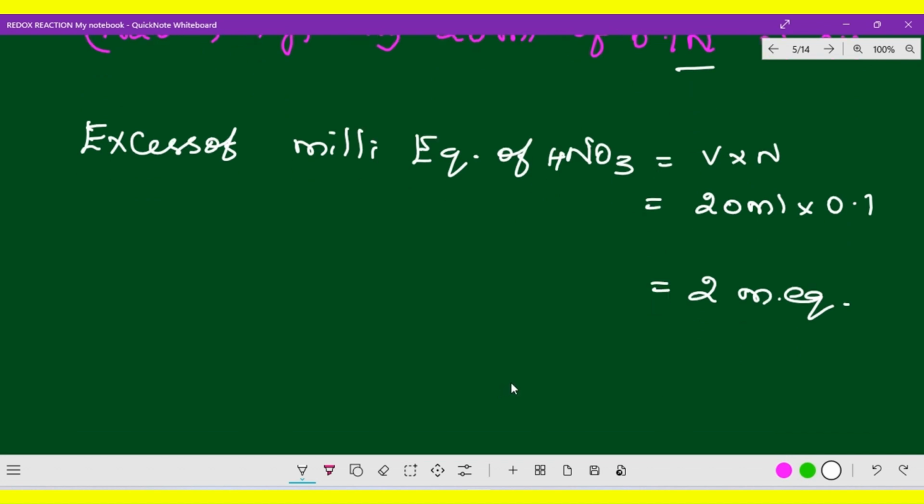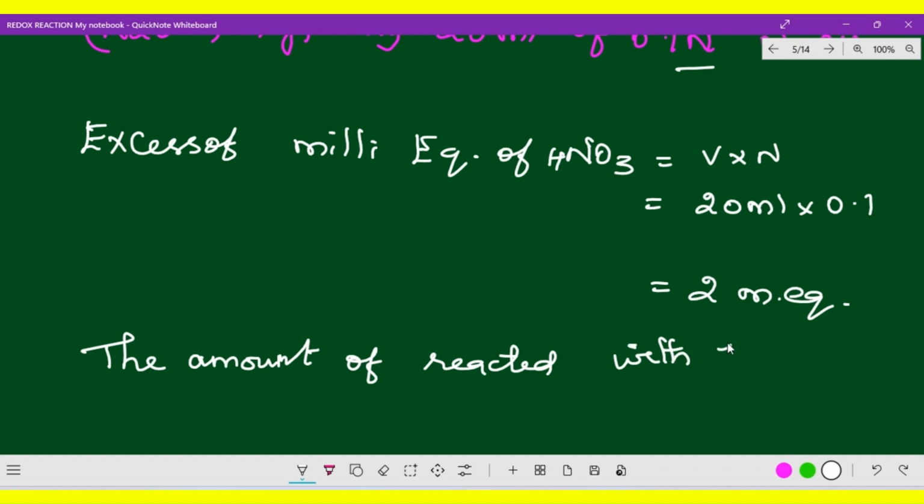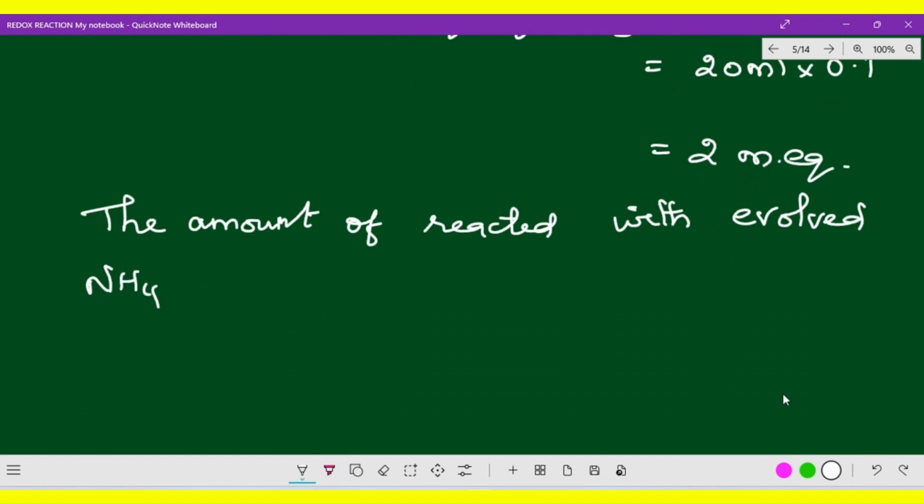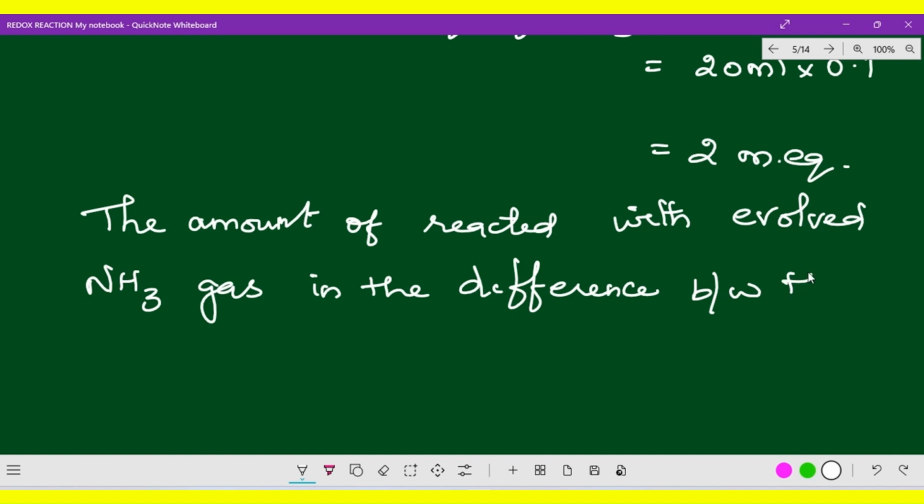Now, the amount of acid reacted. How much has reacted? Even the same idea we went through in the last question. The amount of acid reacted with the evolved ammonia gas NH3 is the difference between the initial and final.